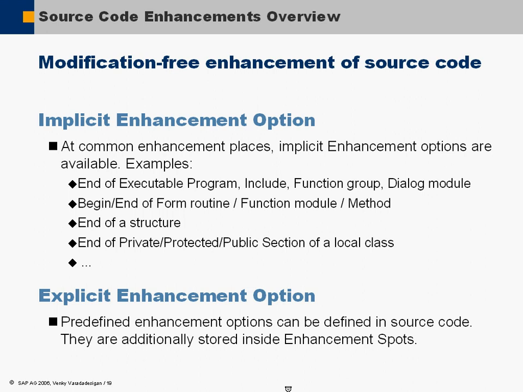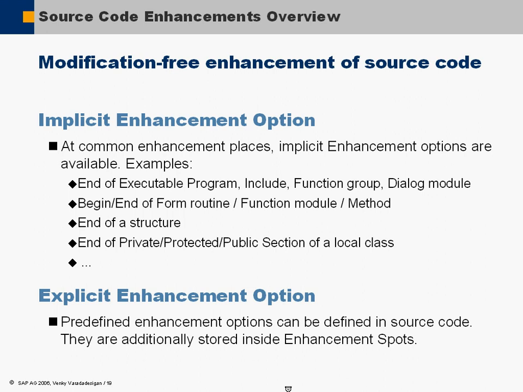Similarly, at the beginning and end of any form, wherever you see FORM, ENDFORM, at the beginning of the form as the first executable statement, and also right before the ENDFORM, the customer can implement the implicit enhancement option, and similarly for function modules and also methods.